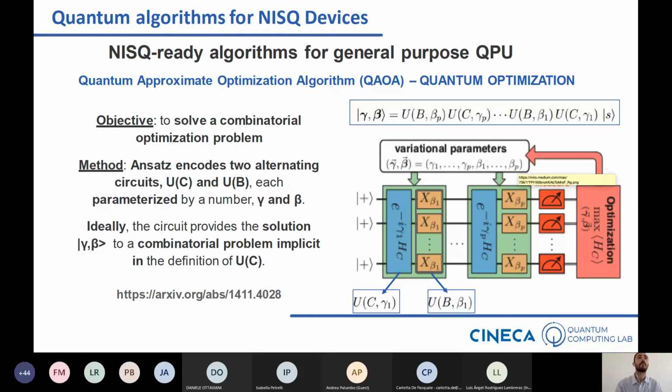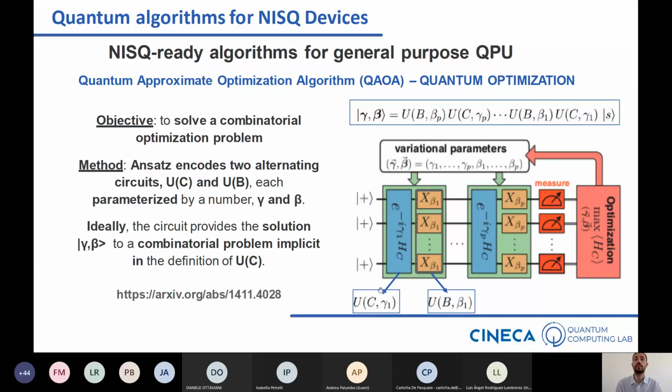Then what happens? Why does this solve an optimization problem? In a way that is similar to quantum annealing, you have these two terms.